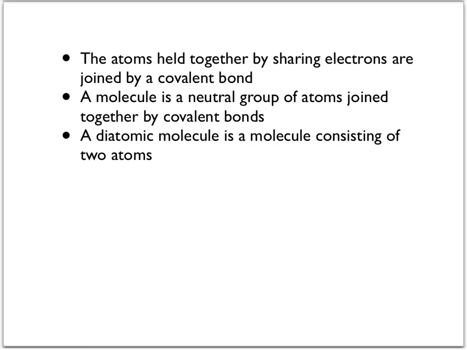Now here's a term that you do need to be familiar with, because we're going to use this a lot. There's going to be some things we'll talk about down the road. So diatomic simply means a molecule that has two atoms in it. So our example of HCl, that was a diatomic molecule. It has a hydrogen, it has a chlorine. That's a diatomic molecule.